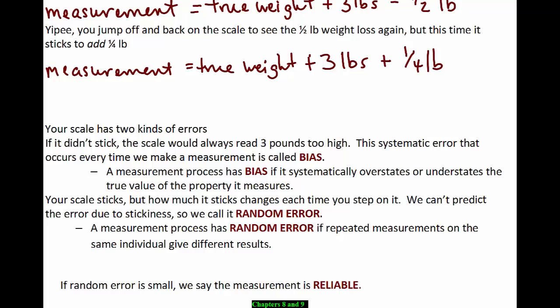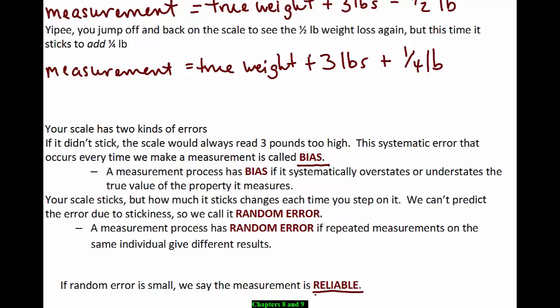If random error is small, we say that the measurement is reliable. So some big terms here that are going to come up are bias and reliability. Bias is that repeated deviation in the same direction. It's predictable, but it's still a type of error. And reliability is about how big or small your random error is.